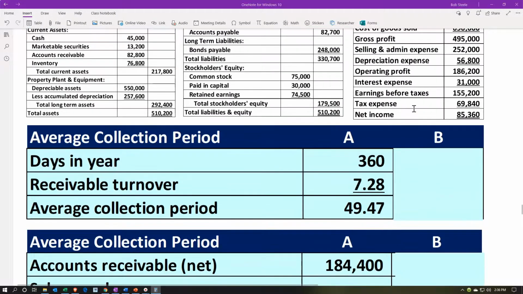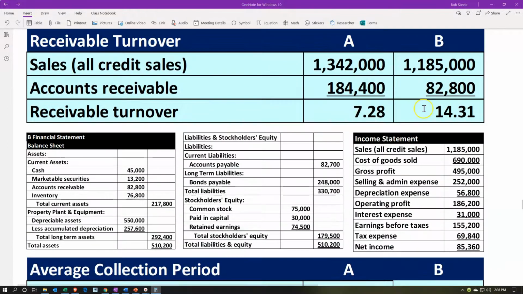So then we've got the average collection period, breaking down this turnover, which can be kind of abstract, but you can see how much easier it is to look at in context, comparing it to a benchmark company, another company, or to industry standards, or to prior performance.